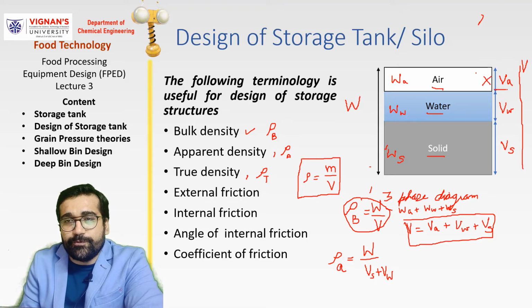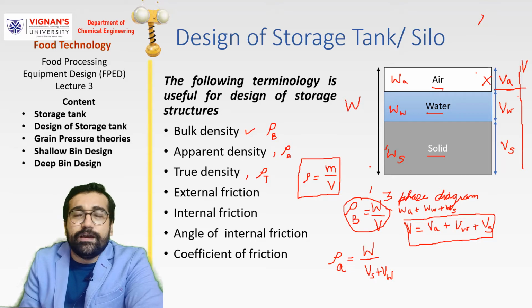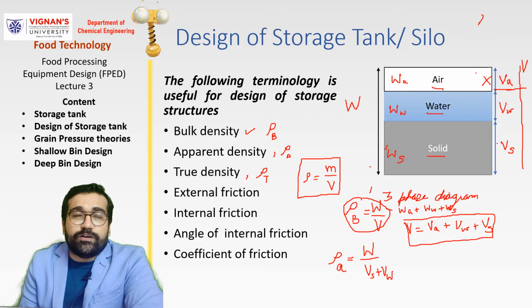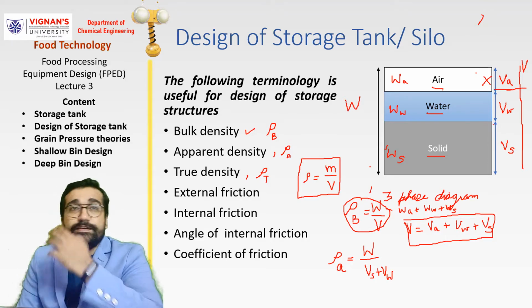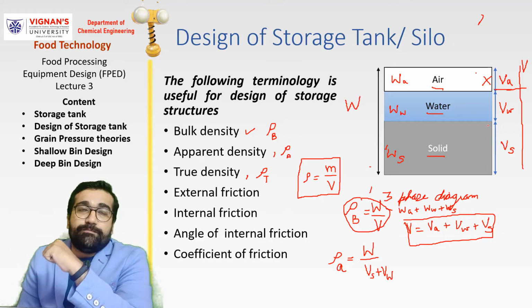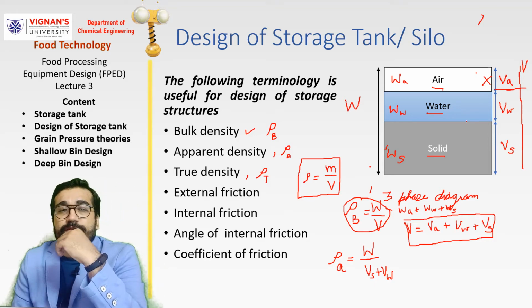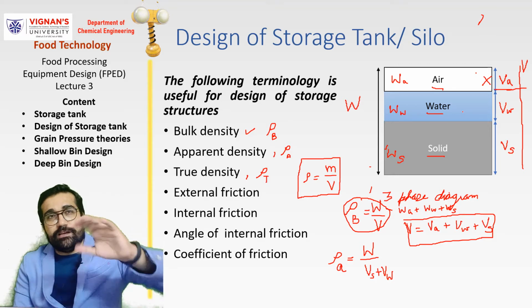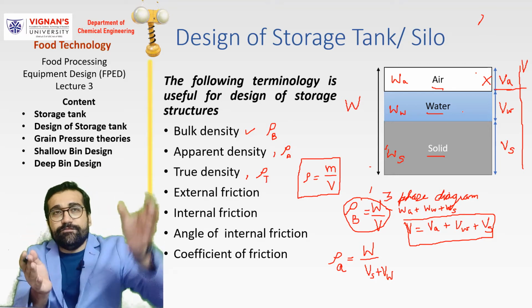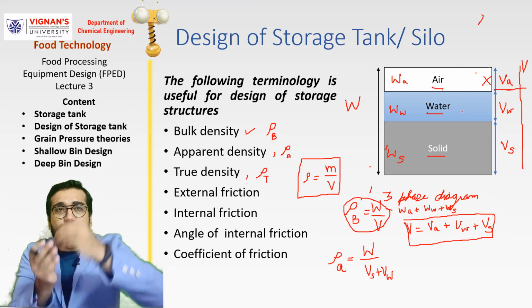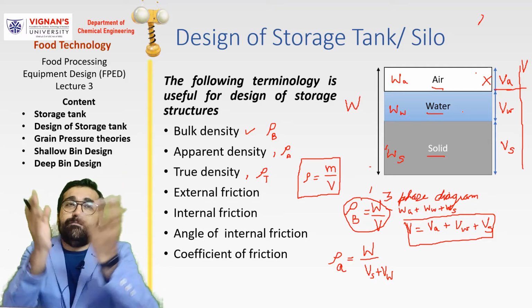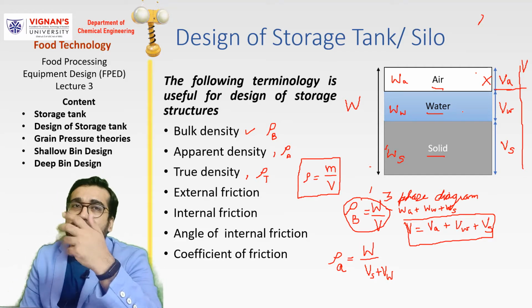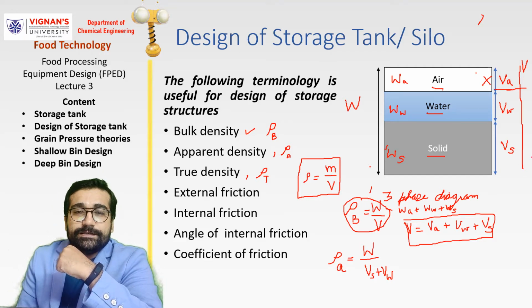How do we find out apparent density? We will tap our material. First we fill our material in a jar, then we tap it so that all the void space because of air will diffuse out from the material. That's how we find out apparent density.